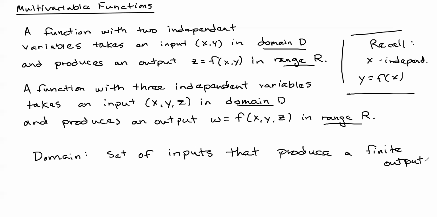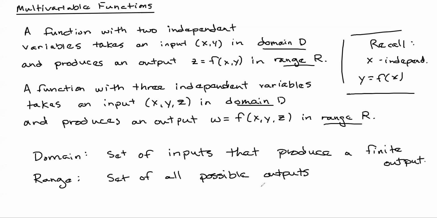The difference is that the set of inputs now has two components instead of one. Instead of a domain with just x, the domain now has x and y, all the possible x's and y's. The range is still the same definition as traditionally: the set of all possible finite outputs.